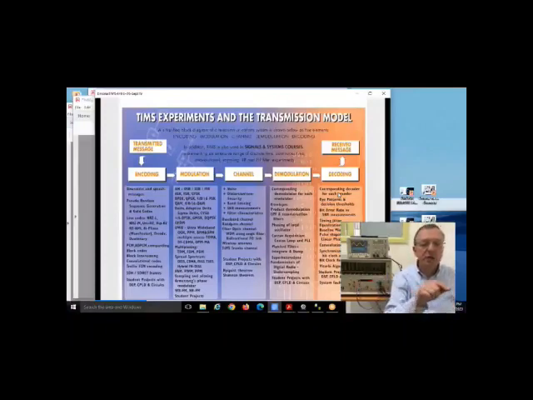Well, this slide shows you above in the white boxes the transmission model: the message, encoding, modulation, channel, demodulation, decoding, and receive message. Under each of those, you can see the different encoding schemes that TIMS can implement. And under modulation, have a look.